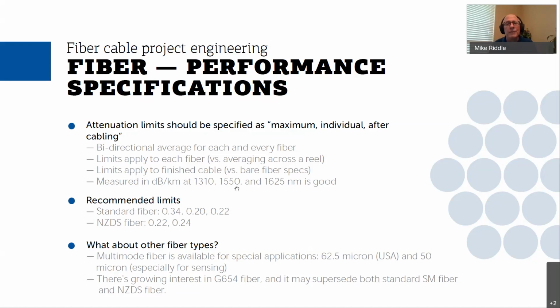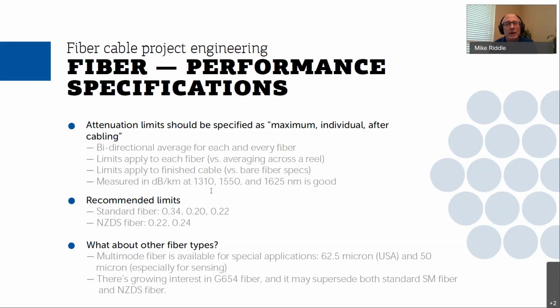Now, these are the three most common wavelengths used within the utility industry, and of them, by far the most important is 1550. It turns out that because fiber becomes more bend sensitive as wavelength increases, 1550 is really a good benchmark for your performance in general. So if a fiber is good at 1550, most of the time, like 99% of the time, it's going to also be good at 1310 and 1625.